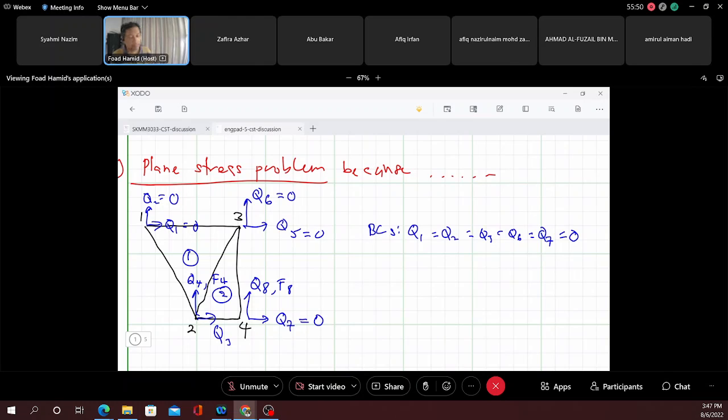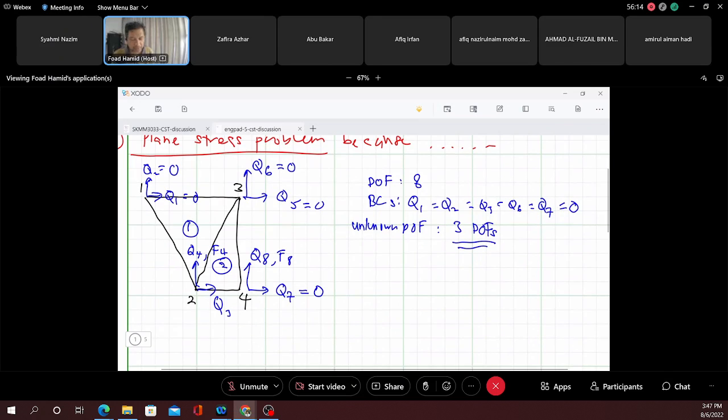So DOF, we have 8. And unknown DOF will be 8 minus 1, 2, 3, 4, 5. So 3 degrees of freedom. In this case, what are the 3 degrees of freedom that we are interested in?